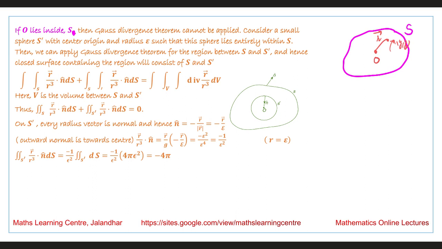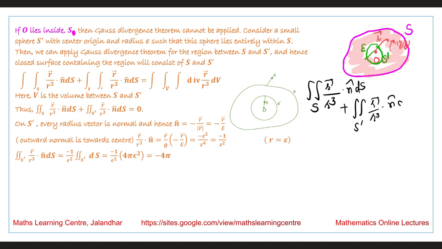So what we are going to do over here is consider another small sphere whose radius is epsilon about this point O, and we are naming this surface S dash. Now if we look at the region between S dash and S, and we evaluate this integral in this region, we get the double integral over S of r vector over r cube dot n cap ds plus the double integral over S dash of r vector over r cube dot n cap ds.